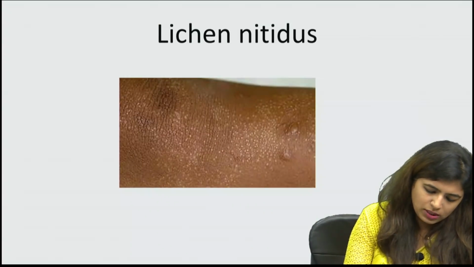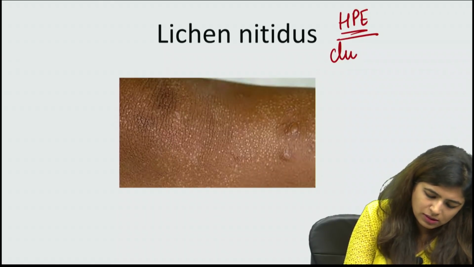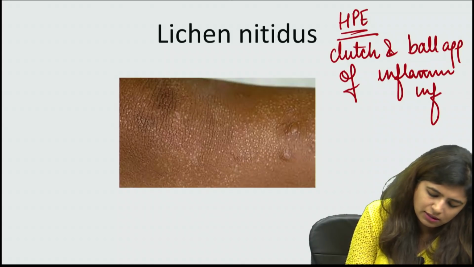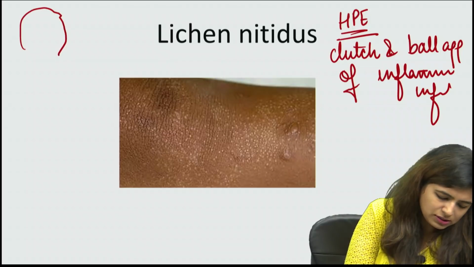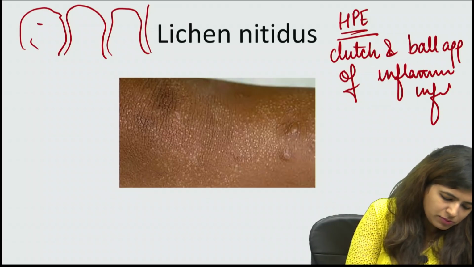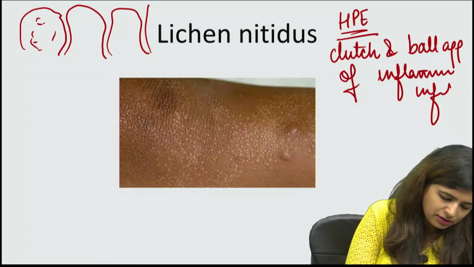Now, what is the histopath? The histopath shows a clutch and ball appearance of the band-like inflammatory infiltrate. Means these are my rete ridges and my infiltrate is somewhere here.